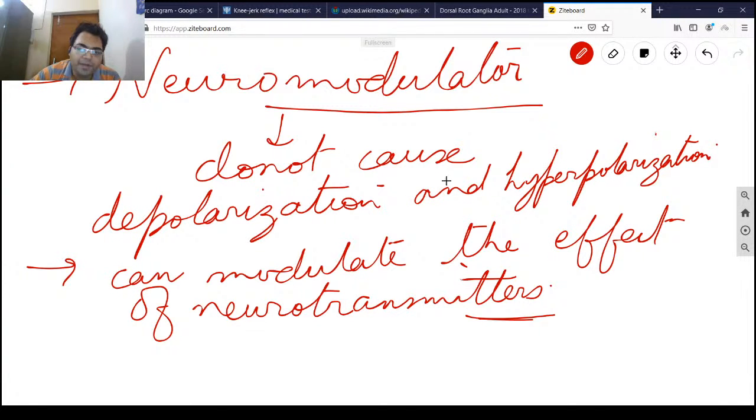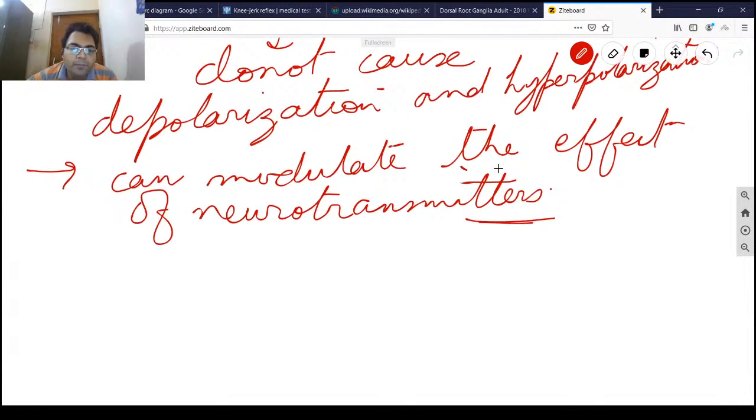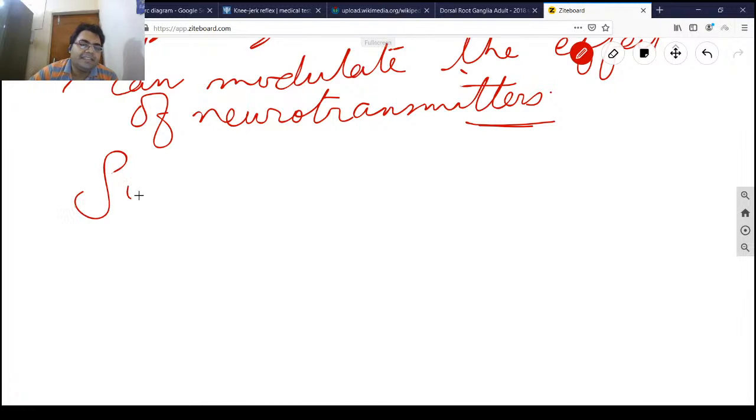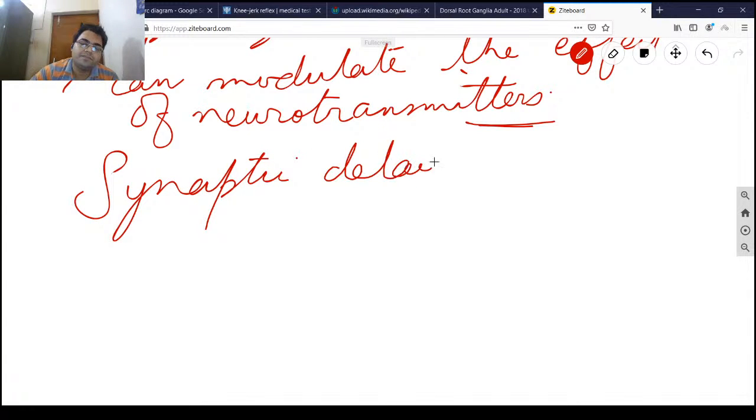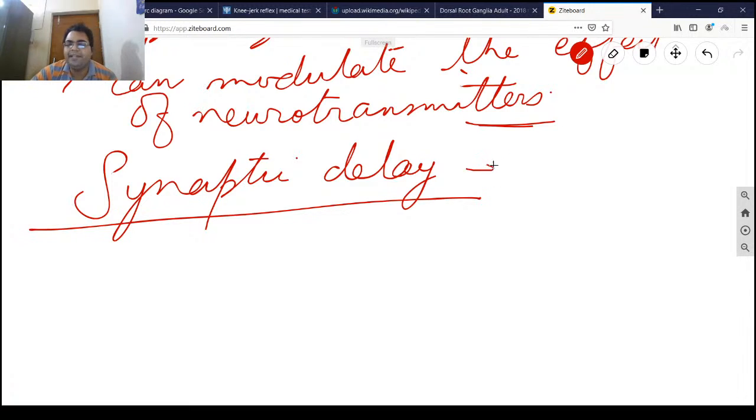Okay, one more thing I'll tell you is something known as synaptic delay. Synaptic delay is directly asked in competitive examinations. Synaptic delay is 0.2 to 0.5 millisecond. You can note it down.